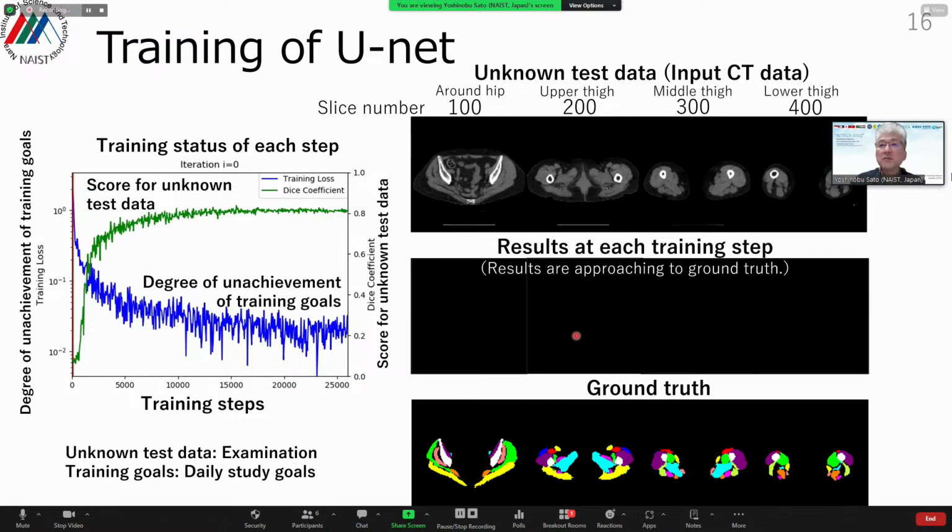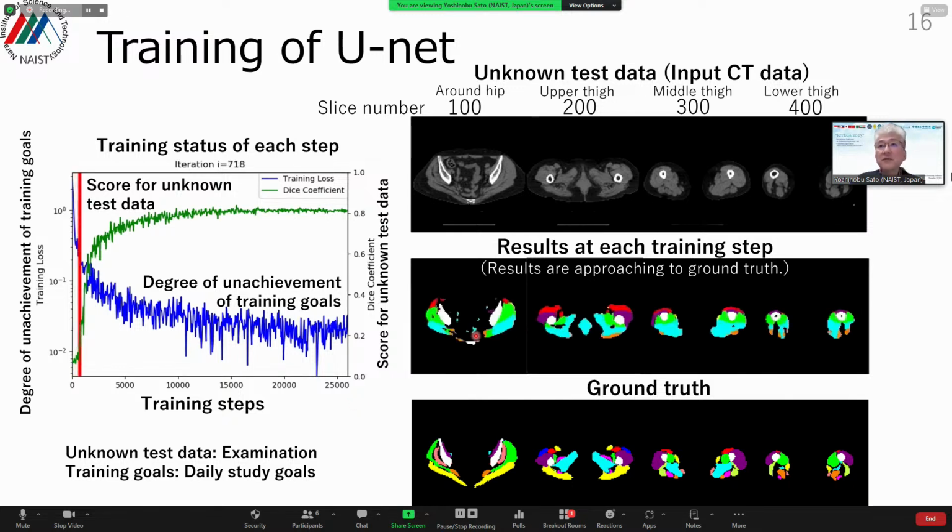Firstly, the output is a relatively random result, but as training progresses, it should get close to ground truth. I showed some of the training process. Firstly, random shapes appear, but as training progresses, the output becomes close to the ground truth data. So now it has almost converged.